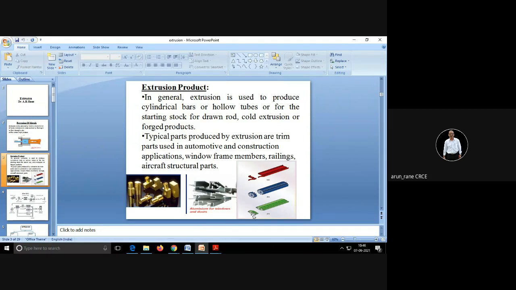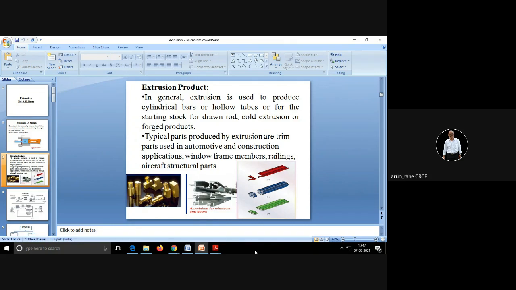Now, this is a hollow extrusion. For this particular section, you will have a die of this shape through which the material will be extruded. Here also you will have a die of this shape.